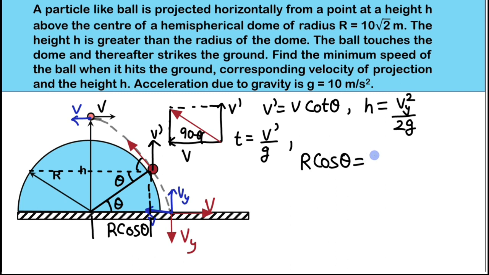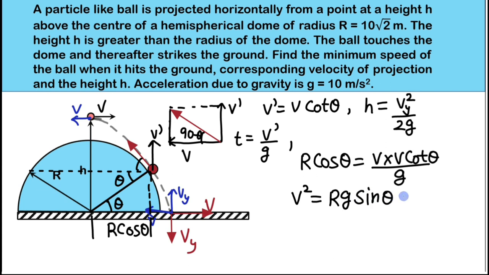So horizontal velocity V multiplied by this time V dash by G, and V dash can be written as V cot theta. So this will become V cot theta by G. And if we solve this, cot theta can be written as cos by sine. We'll get from here V square will be equal to Rg sine theta. Let me mark this as my equation number 1, right?